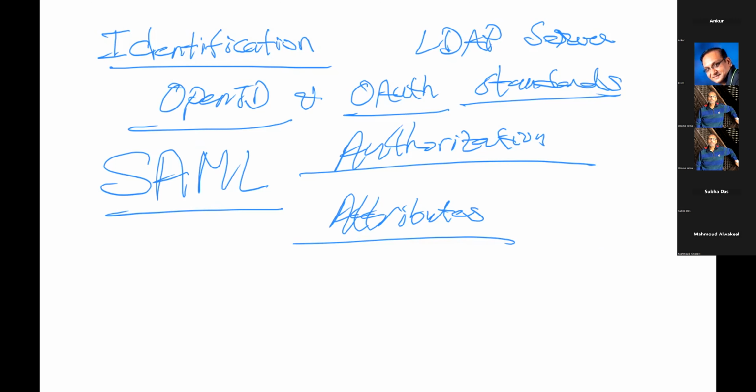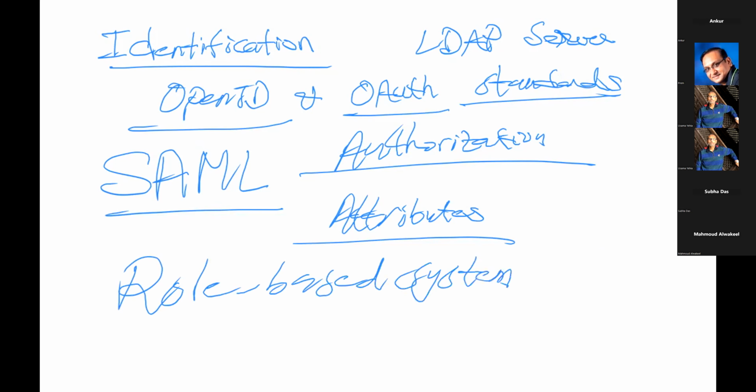You can say, for example, any user who is from the financial department, and you have an attribute called department, from the financial department, he is allowed to access specific financial applications. Here authorization is built on an attribute, or as we mentioned earlier, we can have a rule-based system.